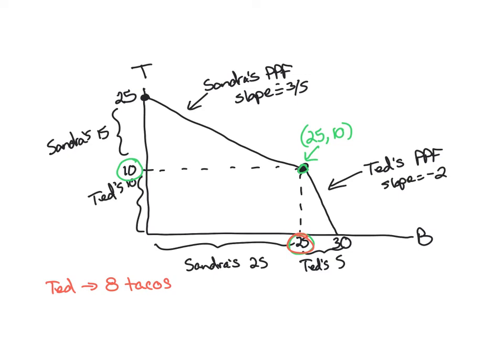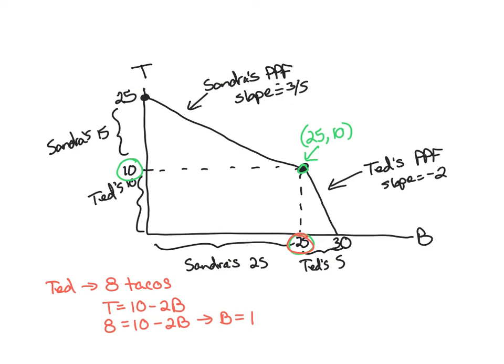So for that, we actually want to go back to his production possibility frontier, which was this. And we can plug in 8 tacos for the T and then solve the equation to find out how many beers he can still be producing. So here we find that the total number of beers he can still produce while making 8 tacos is 1 beer.